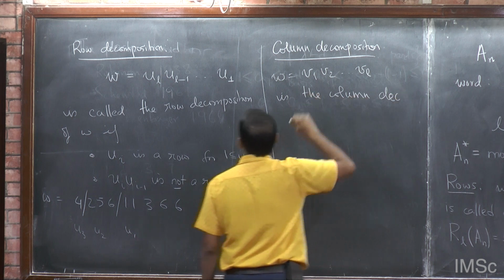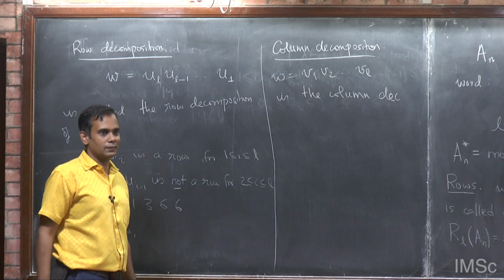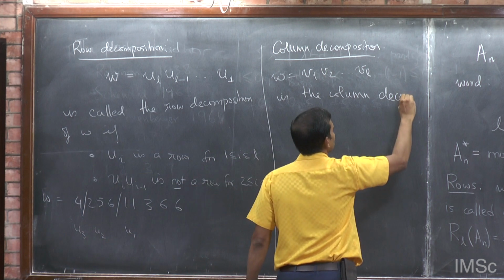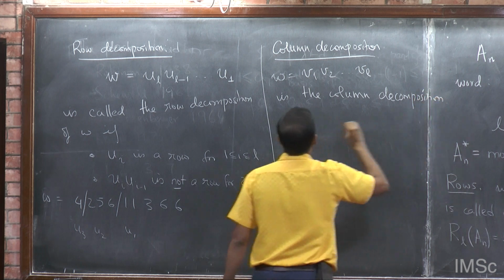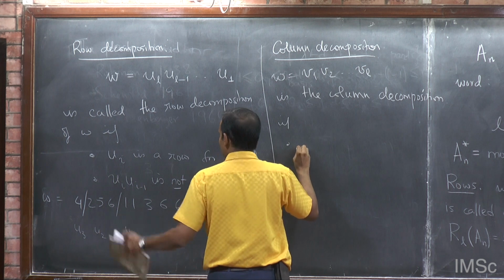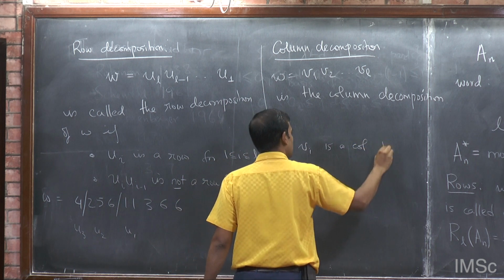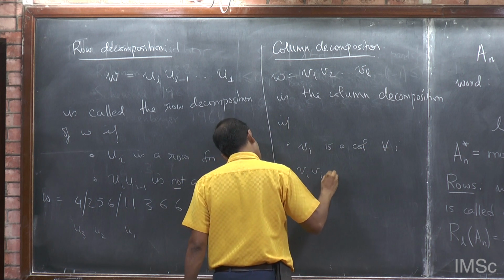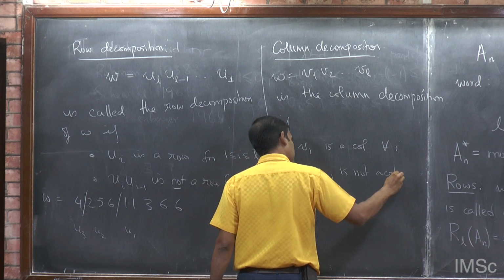Right now my choice of backward indices here and forward indices here may just seem like an eccentricity. Anyway, it does not matter at this point. Same as here, Vi is a column for each i, and Vi plus 1 is not a column.